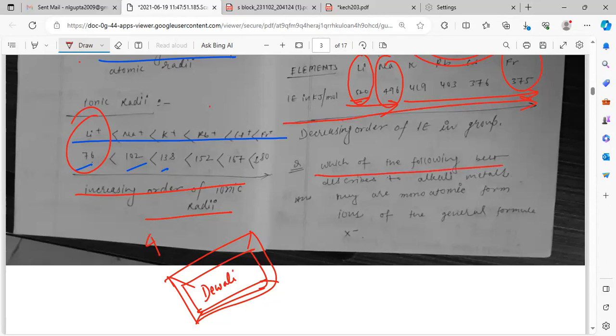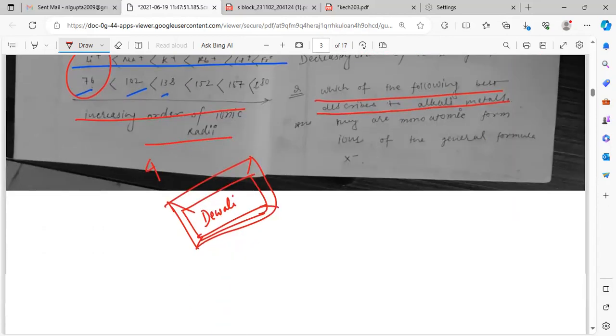See here, which of the following best describes the alkali metals? I did not write all the options. They are monoatomic ions of the general formula X minus.